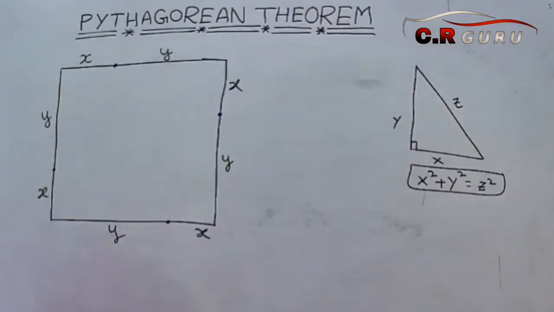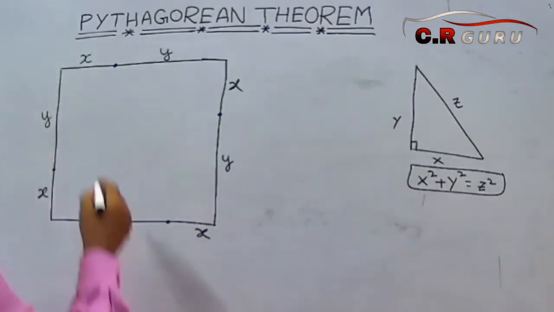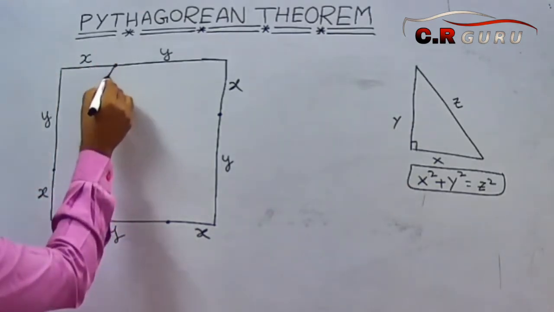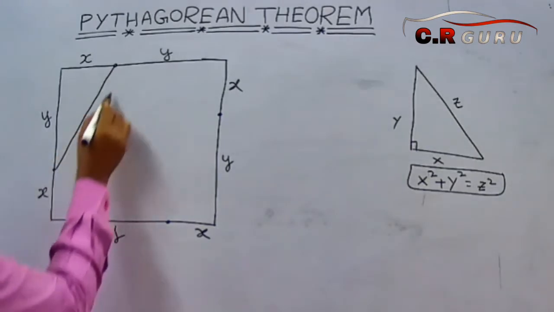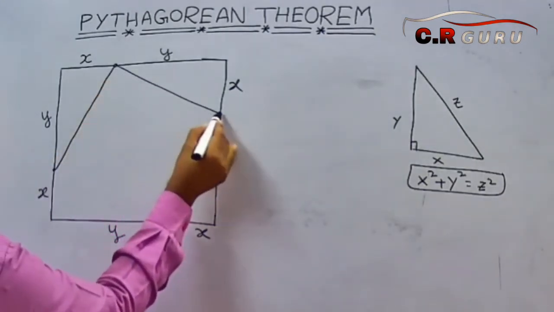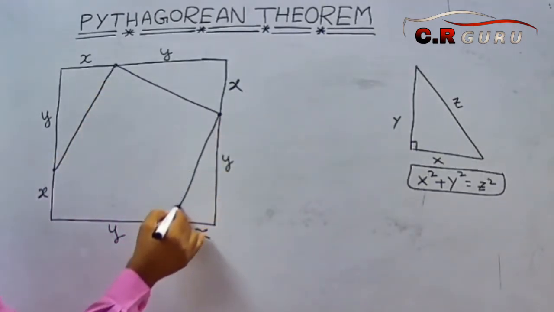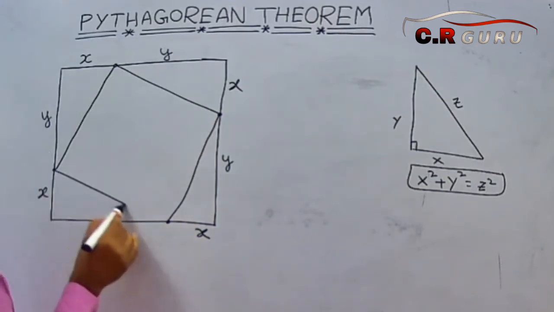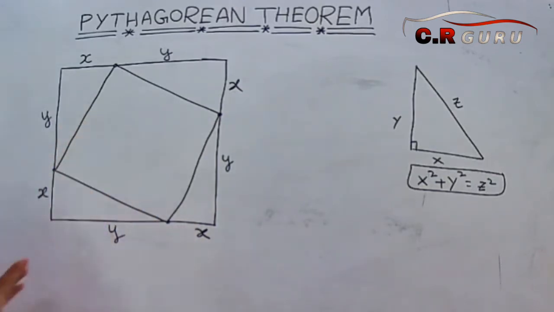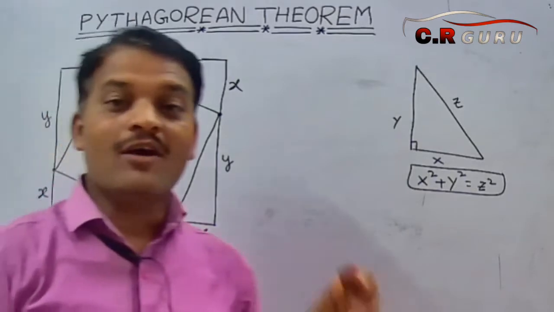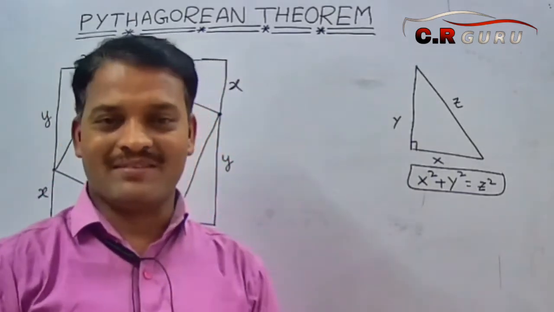Now I join all the arbitrary points. Inside, what figure is formed? Once you observe, inside also a square is formed.